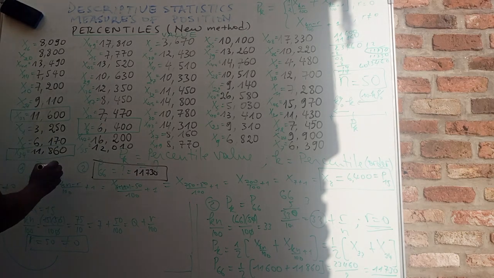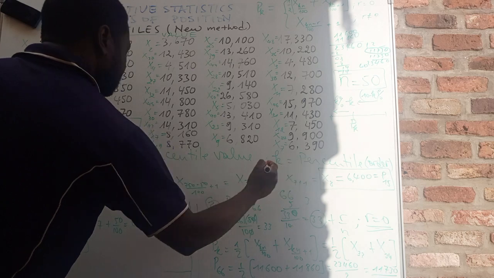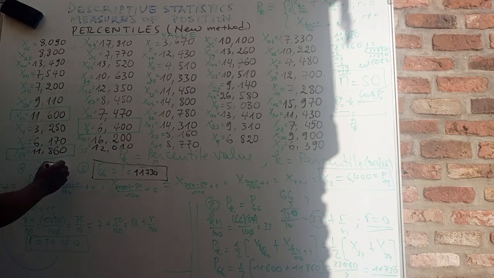While p15 was calculated to be x8, which is 6400. Fortunately, that one was in the list.